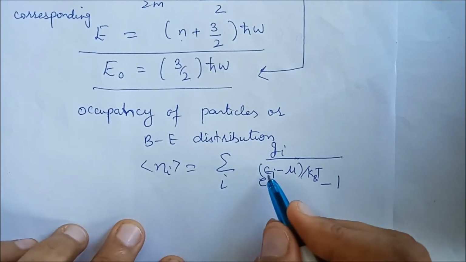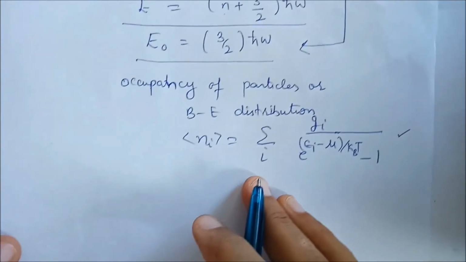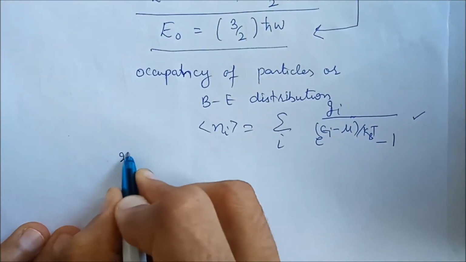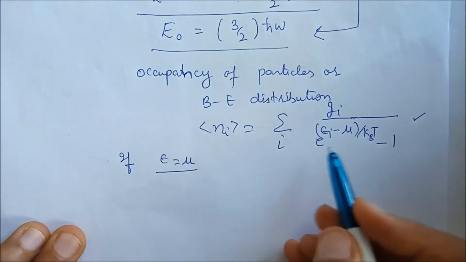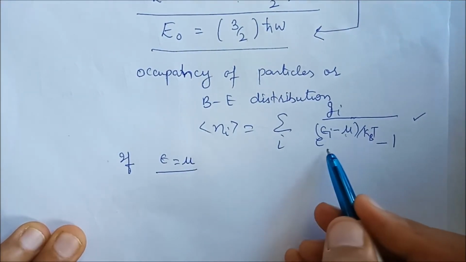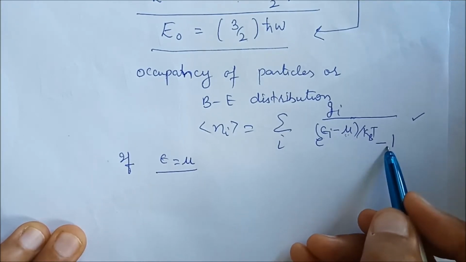So from this distribution we can check that if epsilon is equal to mu, in this case we have e to the power 0, which is 1, and 1 minus 1 is 0.